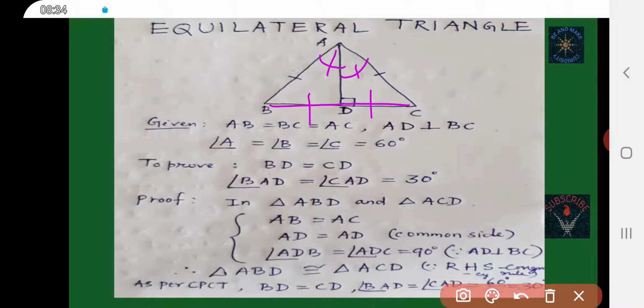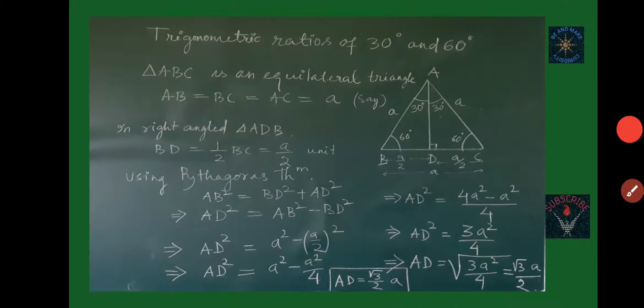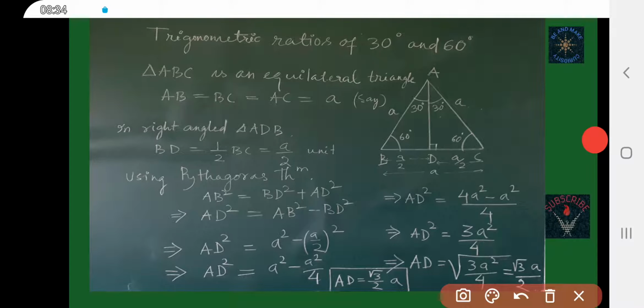Next, here you see trigonometric ratios of 30 degree and 60 degree. Now we shall find the trigonometric ratios of 30 degree and 60 degree. It is an equilateral triangle, triangle ABC. So all sides are equal.